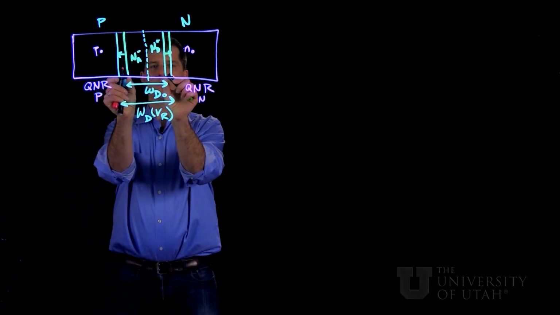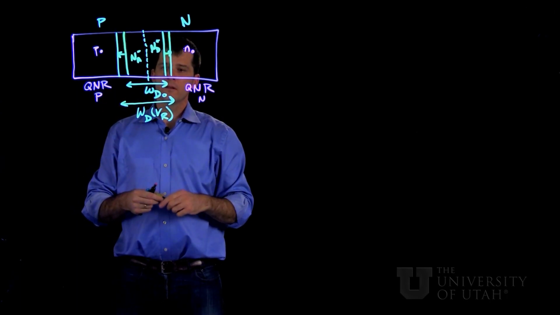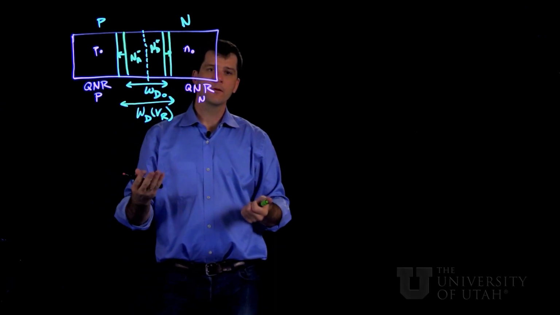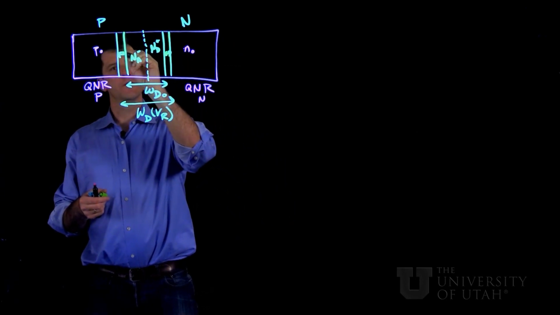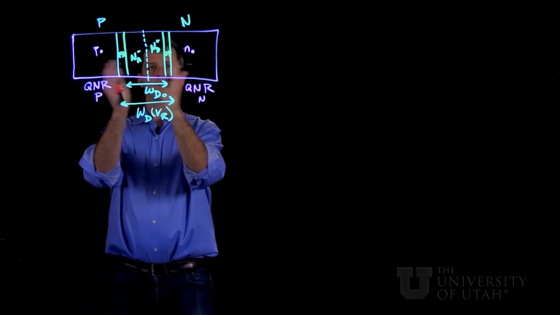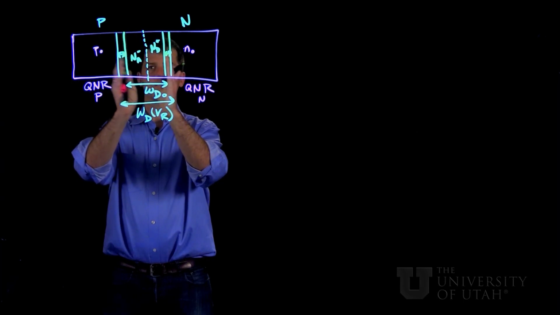And they'll sweep out this extra bit of charge. Now, let's imagine that we applied a sinusoidal voltage so that the boundary of the depletion width is sweeping back and forth, just oscillating between these two positions.